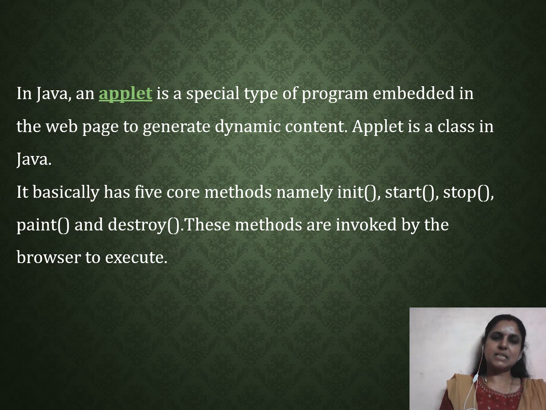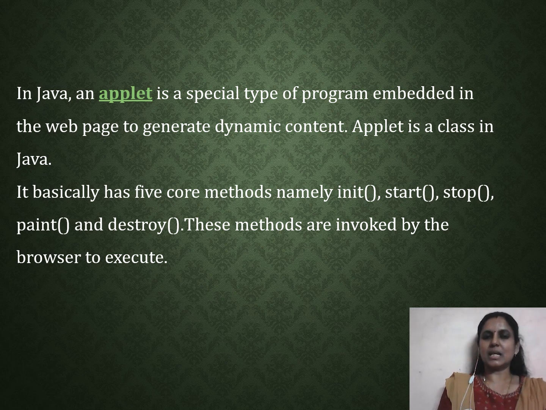So an applet is a special type of program embedded in the web page to generate dynamic content. Applet is a class in Java also. The applet lifecycle can be defined as the process of how the object is created, started, stopped and destroyed during the entire execution of its application.